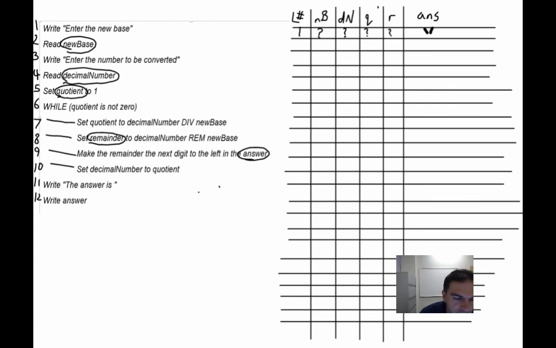As we move through to the next line of code, in line 2, we read in the new base, and the user types in 8. Everything else retains the same value it had before. So if I wanted to be complete, I could write it down.